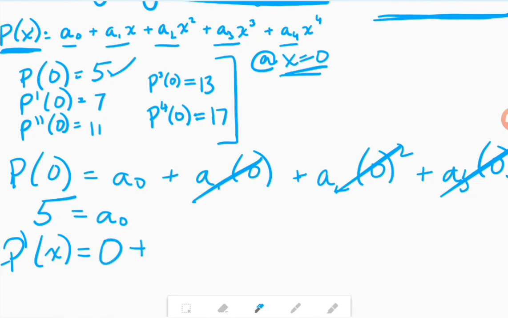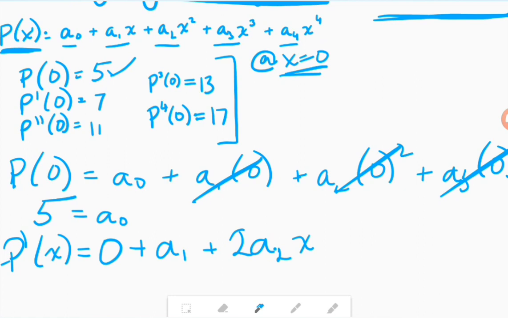Plus a sub 1 times x, right? The derivative of that is just going to be a sub 1. Plus a sub 2 times x squared. So now using the power rule, and a sub 2 is a constant as well, it's going to be 2 times a sub 2. We're going to bring the 2 down as the power, so 2 times a sub 2 times x.